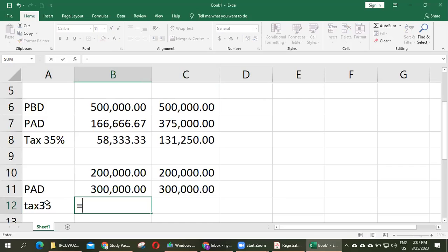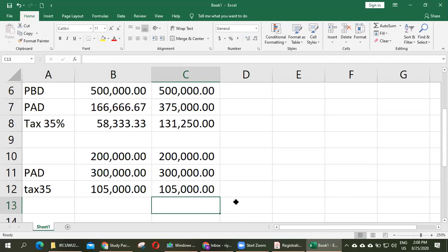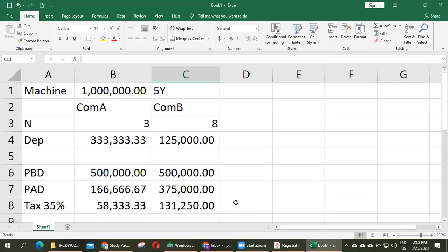Therefore, profit 300,000 into 0.35, and how much? 105,000. Now it's fair, right?